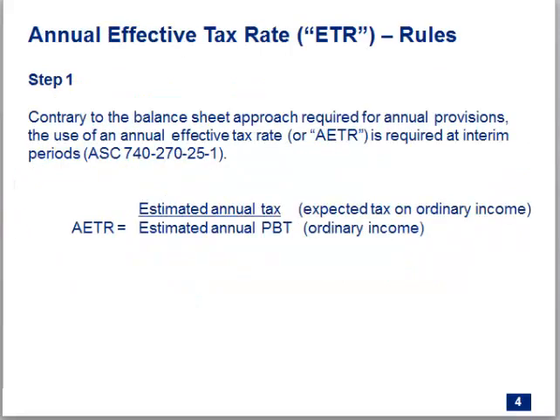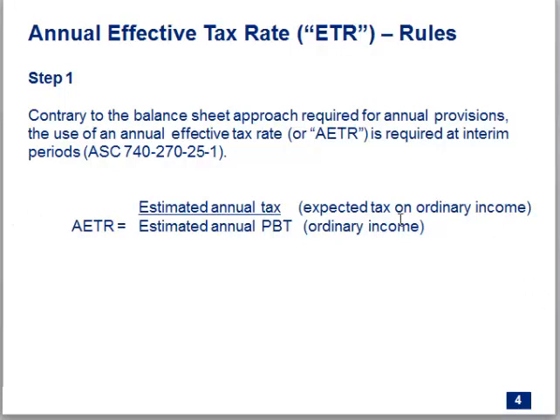Okay. So we're going to go through a handful of steps in terms of how this mechanically works. Step 1, like I said before, you're going to use an annual estimated effective tax rate, and the way you're going to do that is you're going to estimate your annual tax provision and divide it by your estimated annual pre-tax.